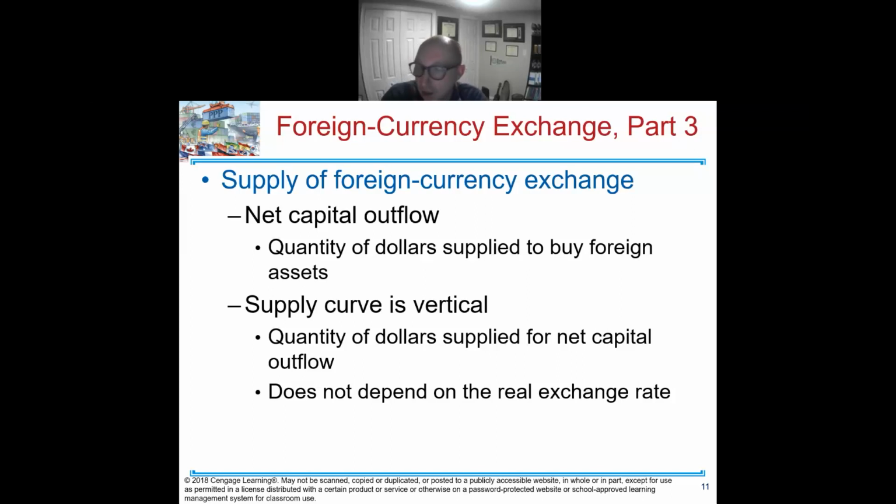If I go to the bank and I say, hey bank, here's my American dollar, I need a euro, the bank has the euros at the bank. That's called supply. They have the supply. And it's represented as net capital outflow, the quantity of dollars supplied for foreign assets.